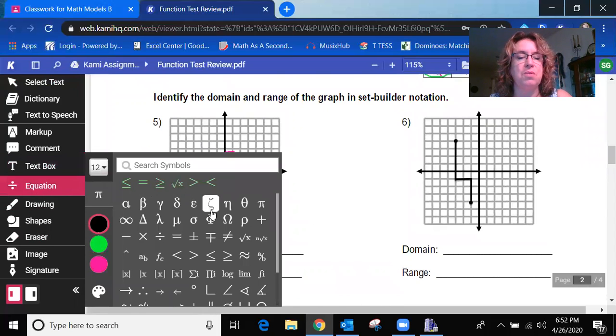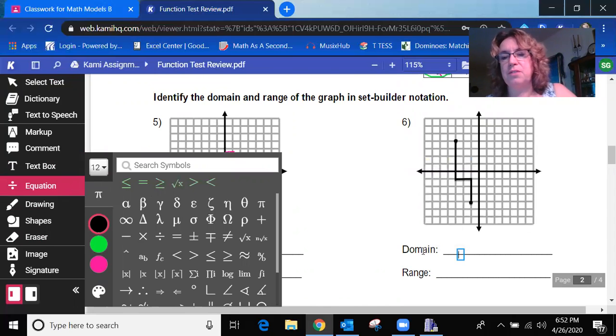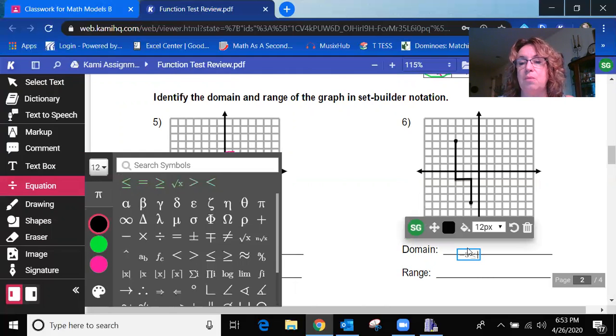Let me see if I can do this with the equation. So I am going to say how far to the left, and it goes as far left as -3. And then it's less than or equal to, there's always less than with these, but there is a solid line there. And then how far to the right?